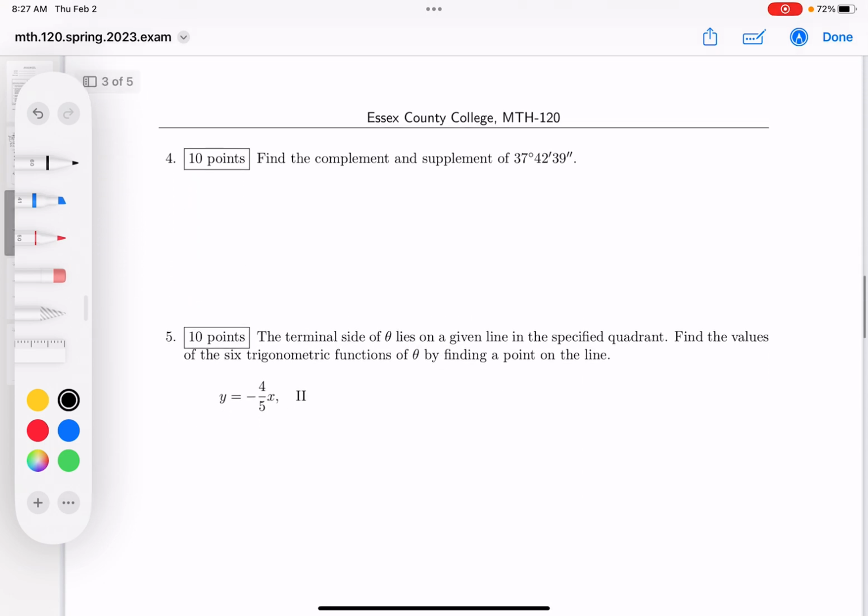And, oh, this one's find the complement. I got to remember that now. Complement, supplement. Well, it's an acute angle, I'll be able to do it. So the first thing I write down is the complement, and the complement's going to be 90 degrees minus the angle. And what's the angle? Well, it's kind of crazy looking, isn't it? It's 37 degrees, 42 minutes, 39 seconds.